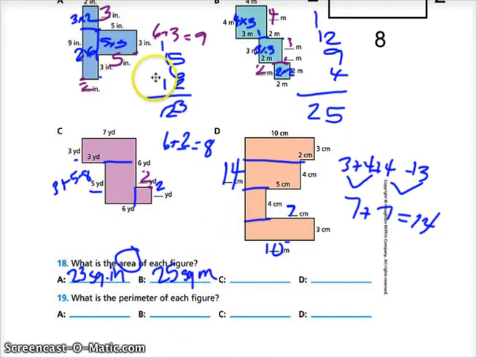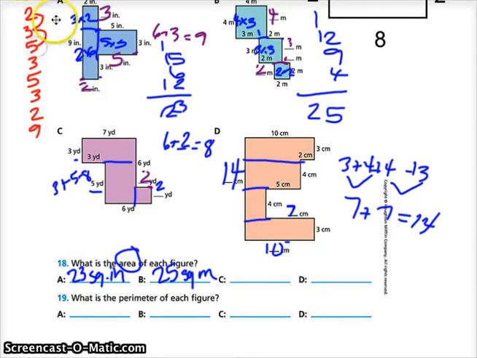Next, you're finding perimeter. The important piece for perimeter is to make sure you don't forget any of the edges. So up here I have 2 plus 3 plus 5 plus 3 plus 5 plus 3 plus 2 plus 9. Remember, chunk them together. So 2 plus 3 plus 5 is 10. 3 plus 5 plus 3 is 8, 9, 10, 11.